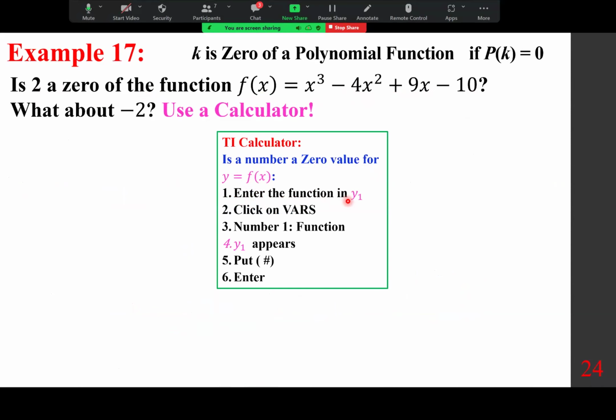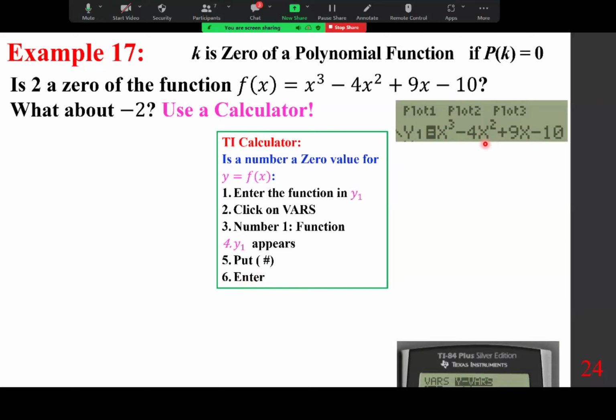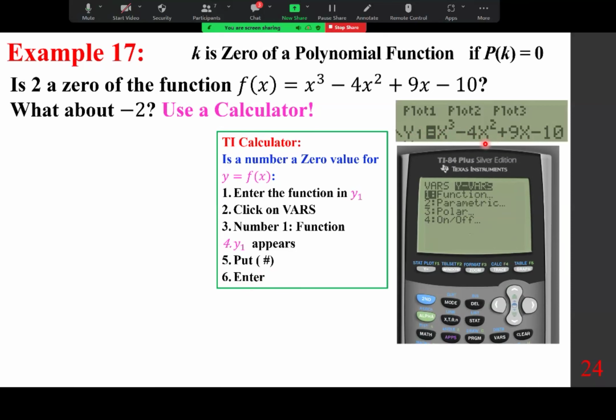Number one, enter the function in y1. Click on vars, variables, number one function, and y1 appears. Then put the number in parentheses and enter it. So what do we mean by that? First and foremost, you are going to put this into y1. After you put it into y1, you've seen that before.